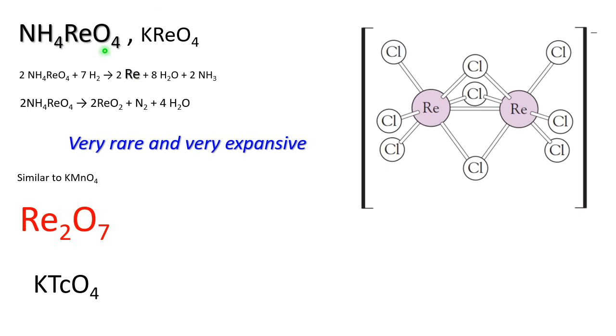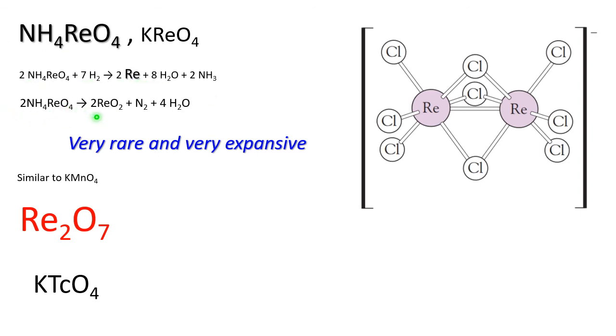Next, group number 7, rhenium. Perrhenate is very similar to permanganate, so oxidation number +7. While permanganate is relatively exotic for manganese, ammonium perrhenate is the most available compound for rhenium. You can reduce it with hydrogen to make rhenium metal.